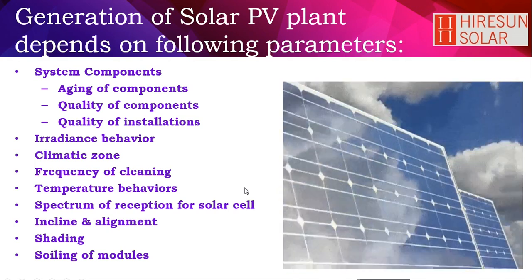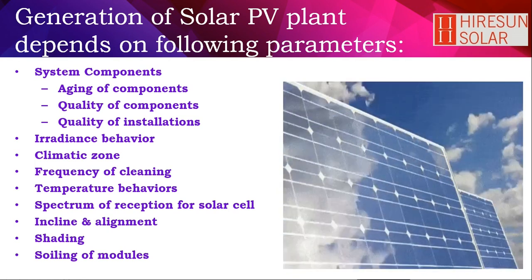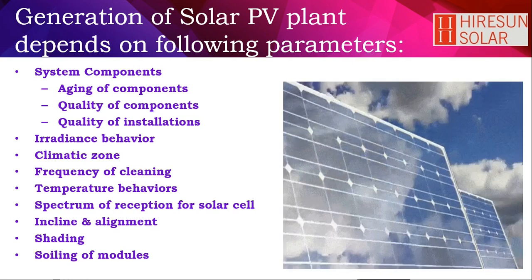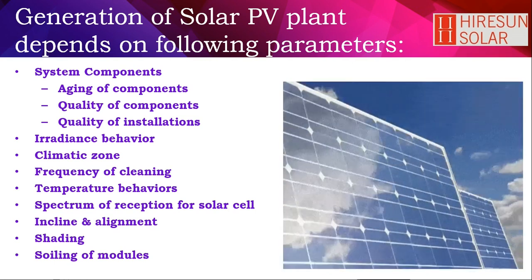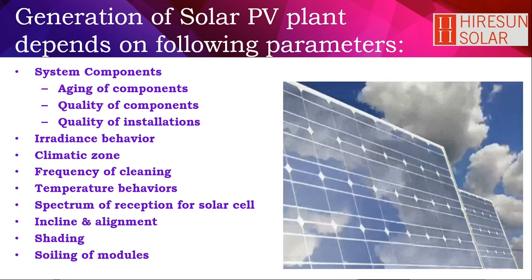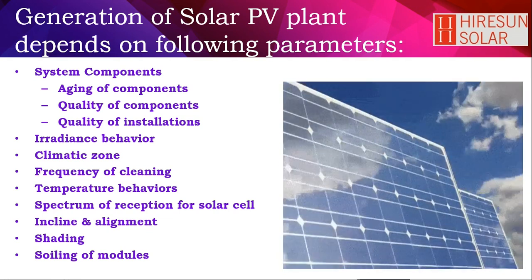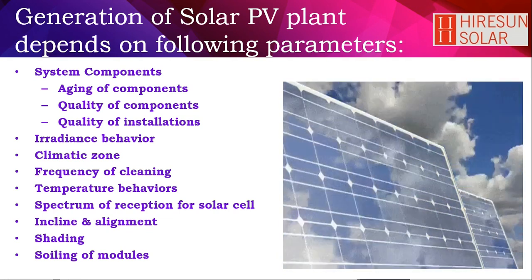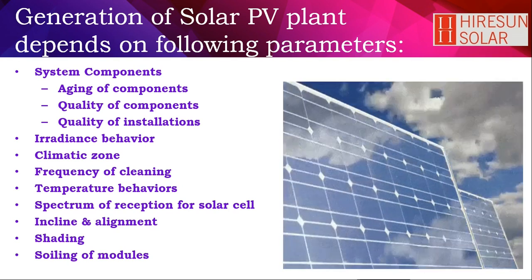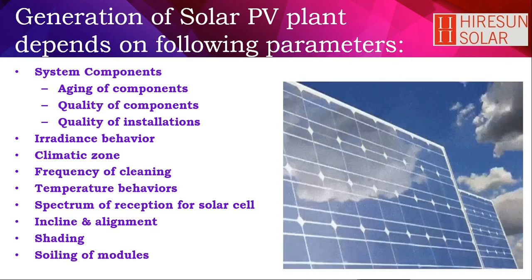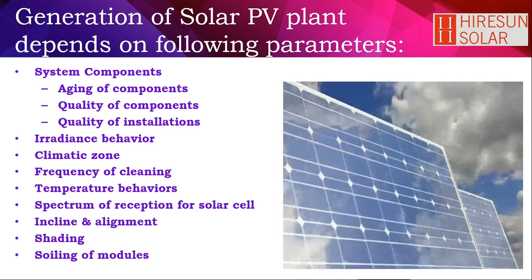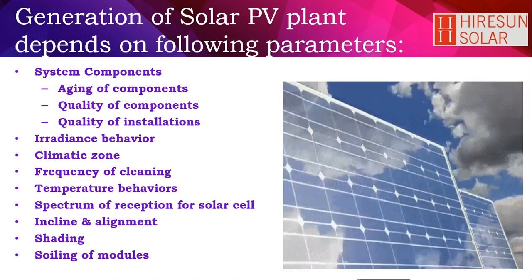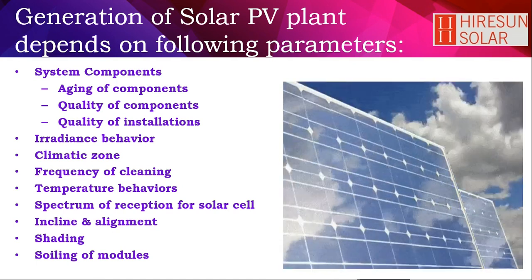The generation of a solar PV power plant depends upon overall parameters, and it can vary from site to site. These are aging, quality of the components, quality of the installation, and irradiation behavior, because it is not the same. In which climatic zone we are going to plant this plant.